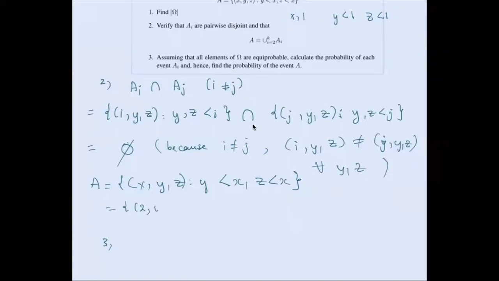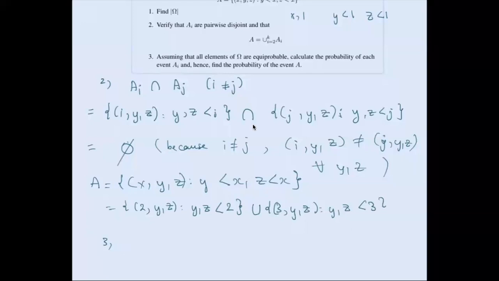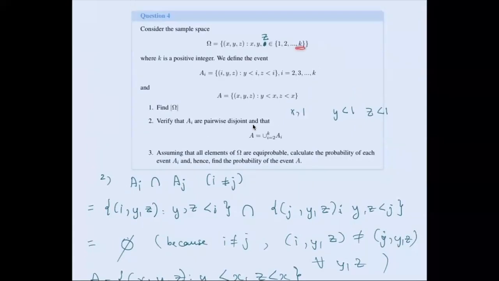So I will write x equal to 2 here, where y and z are less than 2, union with when x is equal to 3, y and z are less than 3. Similarly, union with when x equals 4, 5, 6, and up to x equal to k, because it is the maximum value x can take on.